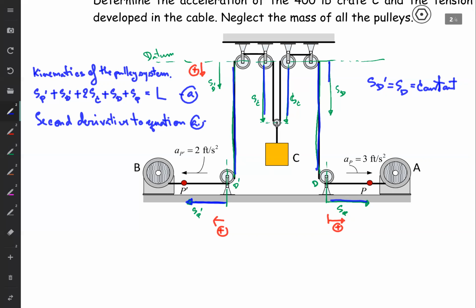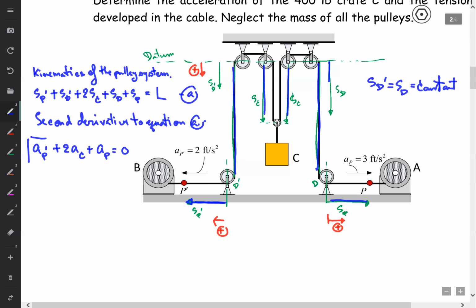So according to this, after we take the second derivative, we obtain the relationship of the accelerations: AP prime plus 2AC plus AP equal to 0. This is the relationship of the acceleration at this point, this point, and also this point.